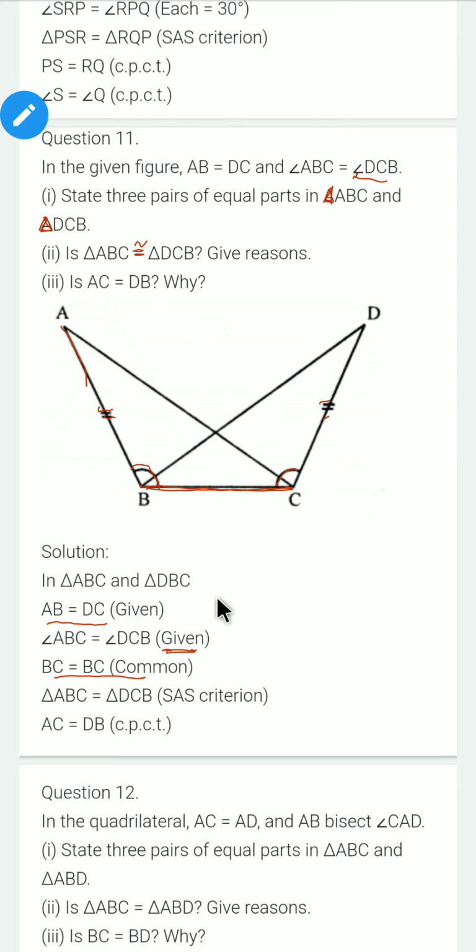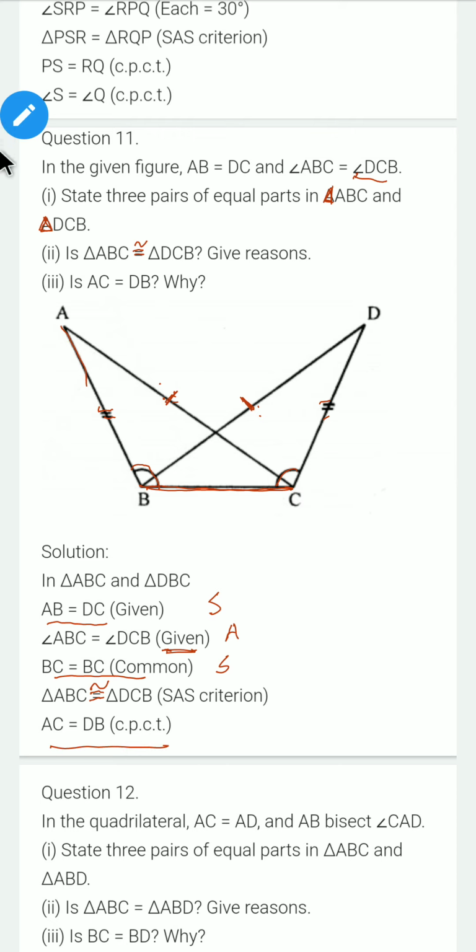So according to the side-angle-side law, these two triangles are congruent triangles. Here again we go to the similar concept. We know that corresponding sides and corresponding angles are equal for two congruent triangles. So this side and this side are equal, because they are the corresponding sides of the two congruent triangles ABC and DBC.